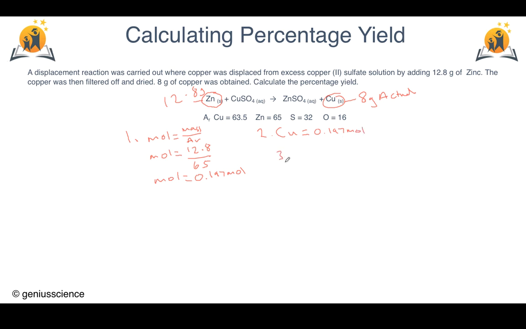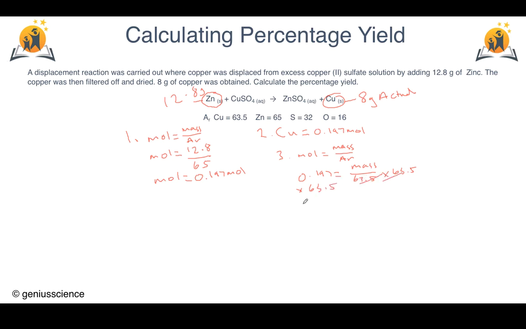And step number three, we need to find out the maximum mass of copper obtained, so the theoretical yield. And again, we're using moles equals mass over relative atomic mass. So substituting in our value for the moles of copper, 0.197, equals mass, because we're trying to find it out, divided by the relative atomic mass of copper, which is 63.5. We now need to rearrange for mass, so multiply both sides by 63.5.